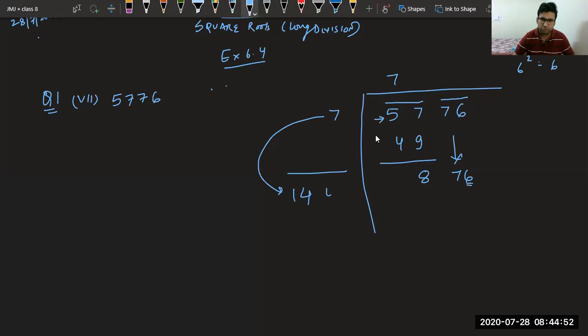Let us check with 4 first. 4 4s are 16, plus 1, 7. 4 1s are 4 plus 1, 5. Which is wrong because we wanted 876. That means we have to go not with 4 but with 6. Very good. We will go with 6.